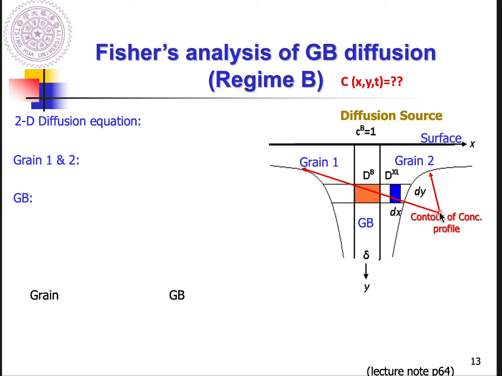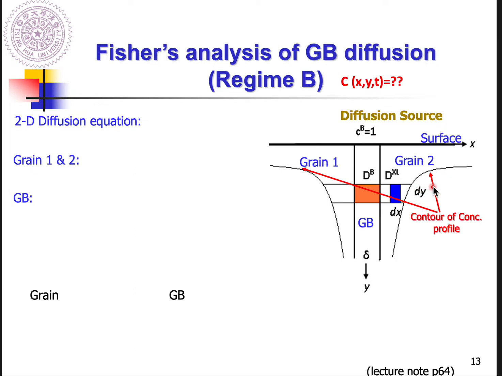Because the diffusion source is on the top of the material, you can expect that if I ask you the concentration of diffusing atoms inside the grain at this location, you probably will say the concentration should come from where? Either from here, directly from the diffusion source, or through the grain boundary, then diffusing into the grain, right?